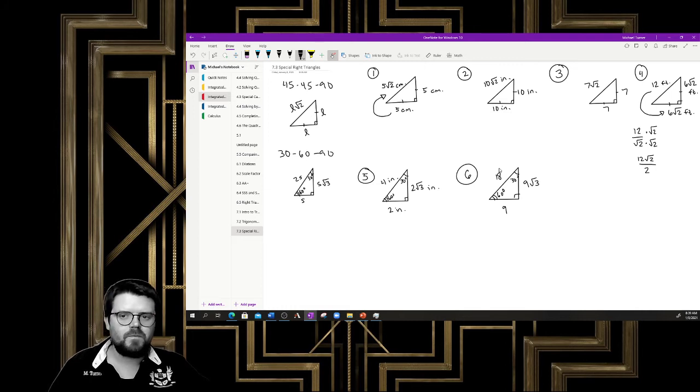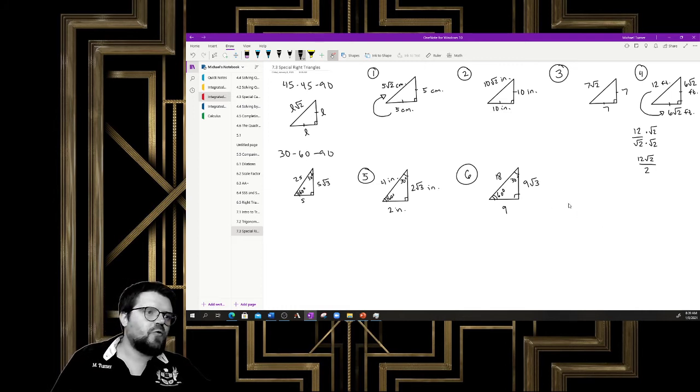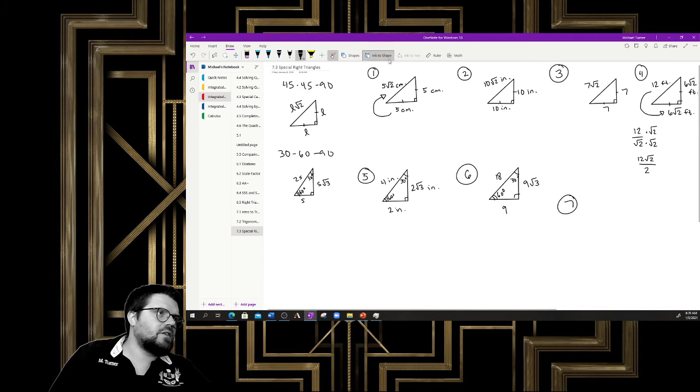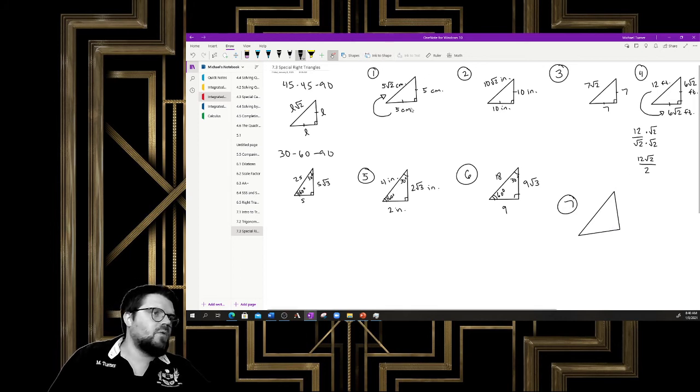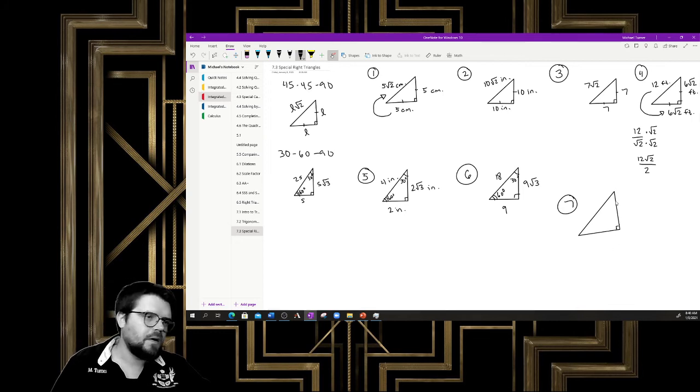Not too bad. But just like in number 4, sometimes you're going to be given something that's not the short leg or the long leg and be asked to fill out the rest, and you'll have to use your rules of simplifying radicals. So let's say I gave you the long leg as being 10.